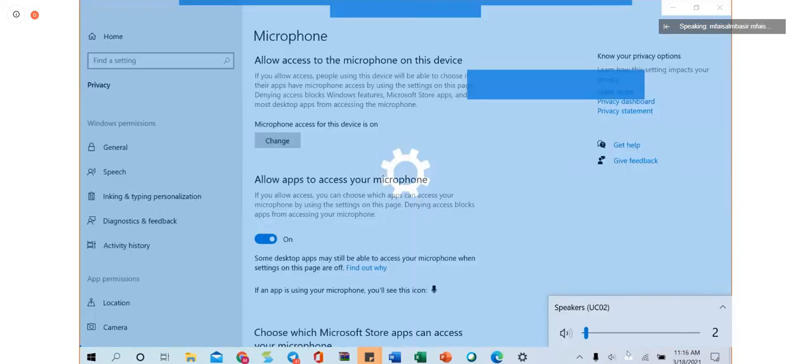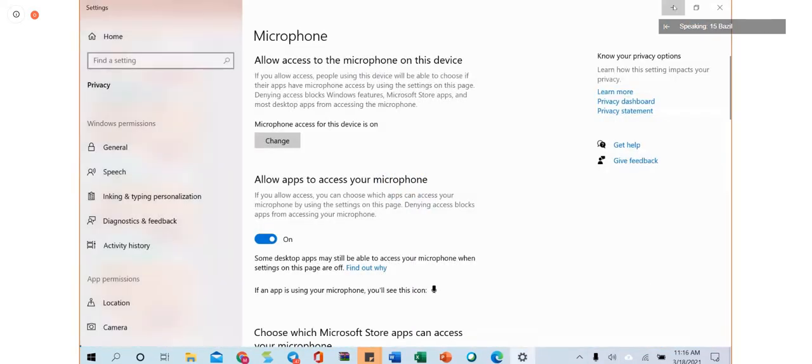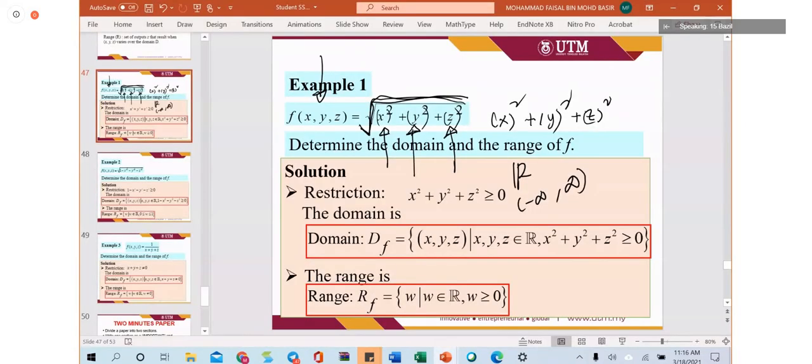No, for the student, increase the volume of the device. Let me check my microphone. Is it okay? I think my microphone should be okay.